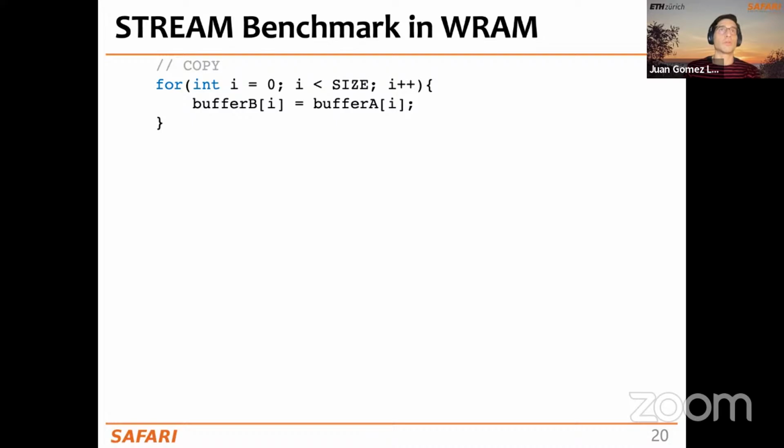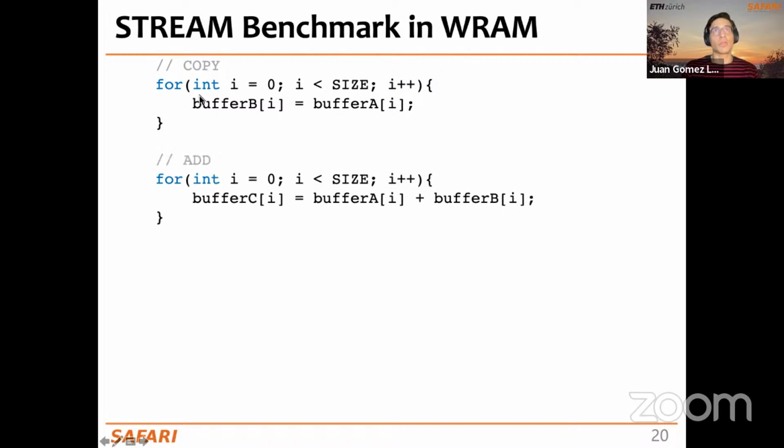Right now, what you see is the copy version. In copy, we simply go over one array. Buffer A and buffer B are both in WRAM, so we go over buffer A element by element, reading each element and writing it into the output array, which is buffer B.